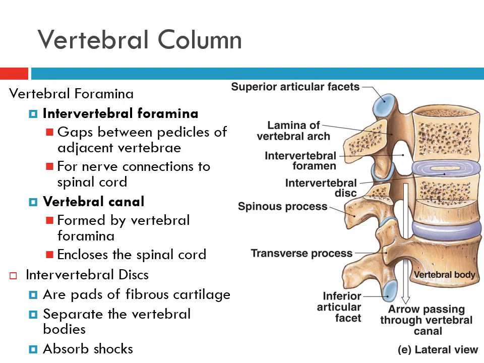When you stack up multiple vertebrae together, it makes up the vertebral column. The intervertebral foramina are holes in between each vertebra. We talked about the vertebral canal and the vertebral foramen, which was the hole that allows the passage of the spinal cord. The vertebral canal is this central piece where all of those vertebral foramina line up and the spinal cord traverses down the spine.